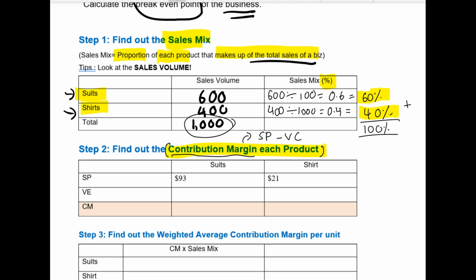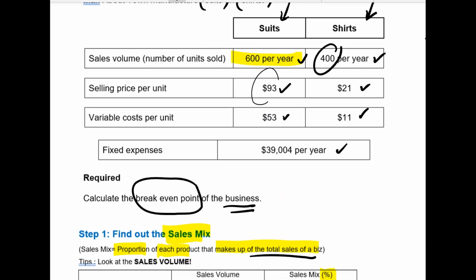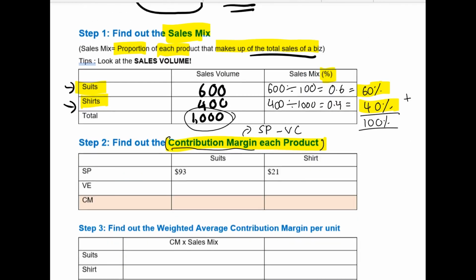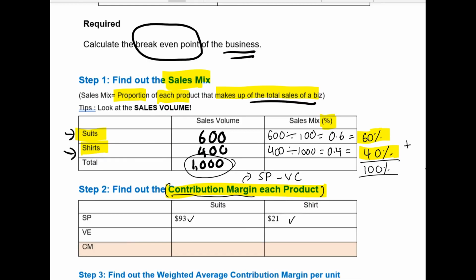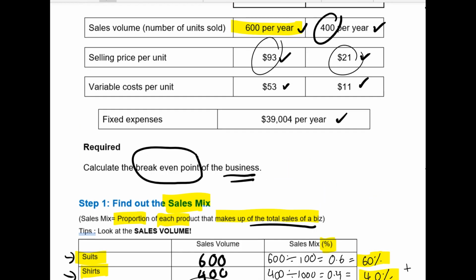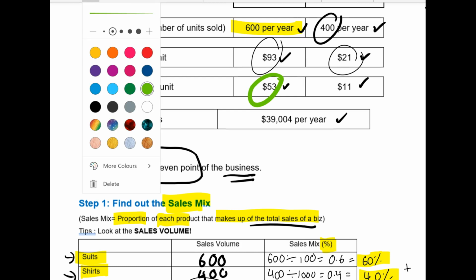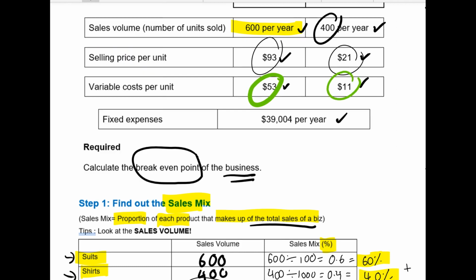Your selling price for one suit is $93 and for shirt is $21. Then put in your variable cost. Your variable cost for one suit is $53 and for one shirt is $11.